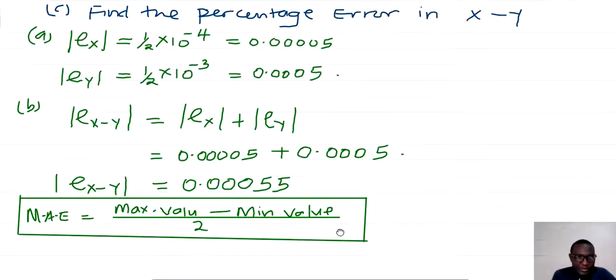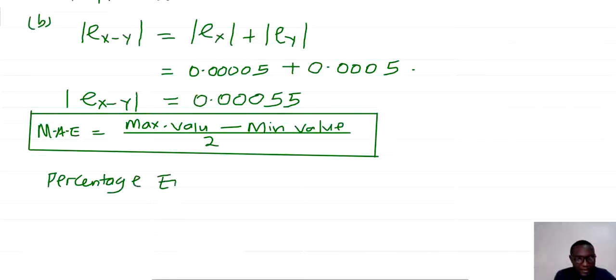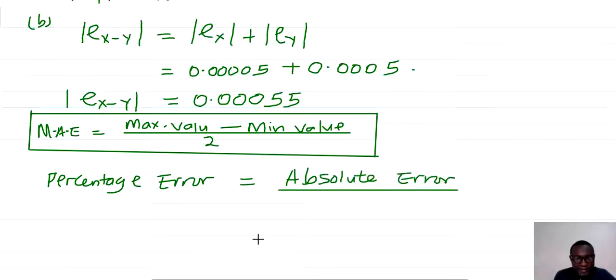So we are going to part C, where we find the percentage error in x minus y. Percentage error is equal to the absolute error divided by the exact value times 100. But what is the absolute error? The absolute error is right here. Now what's the exact value?